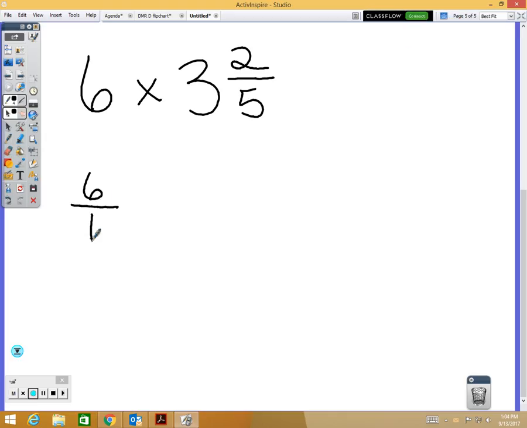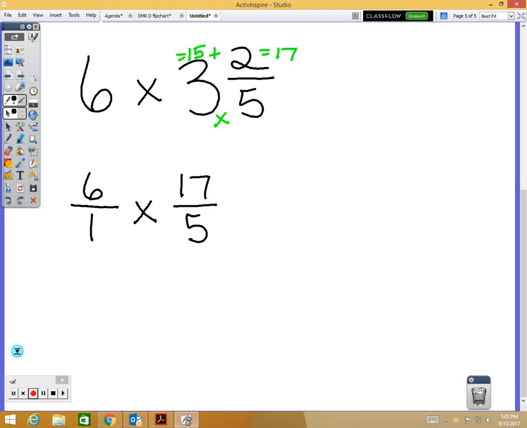So look at your paper. Did you do 6 over 1? Next, 3 2/5 needs to be an improper fraction. So who can help me with doing this? Luke? Very good. So look on your paper. Did you turn 3 2/5 into 17 over 5?